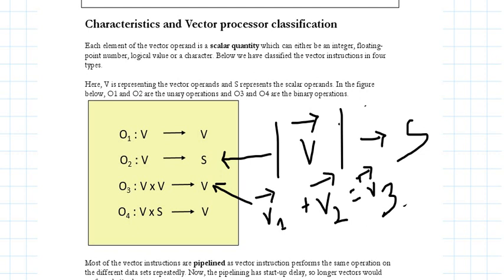Example, if you multiply a vector, say v, with a scalar s, then the output also becomes a vector. So these are the types of vector operations which are actually possible.